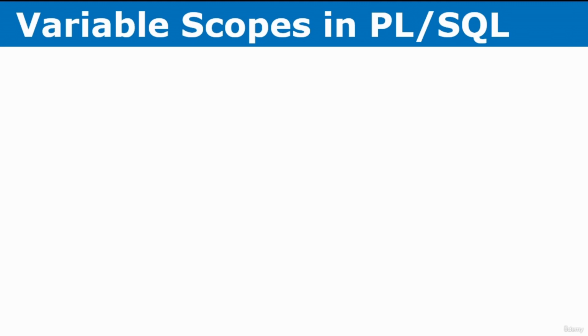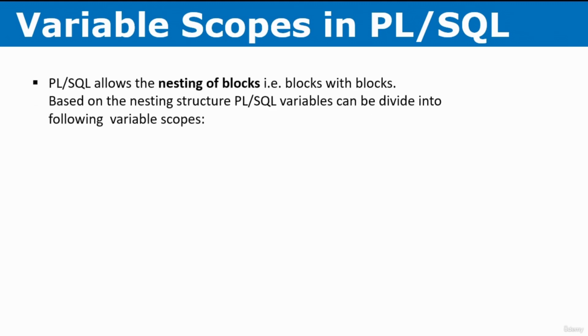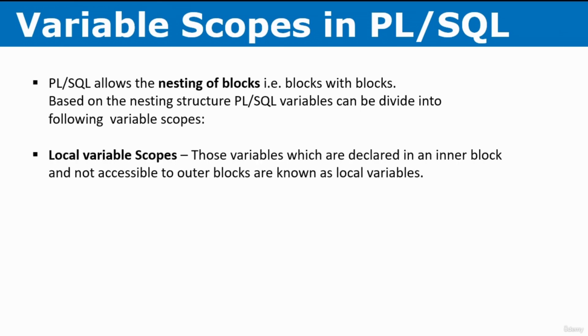Based on the nesting structure of PL/SQL, variables can be divided into two scopes. The first is the local variable scope. Local variables are declared in the inner block and are not accessible to the outer blocks. Next, we have the global variable scope.